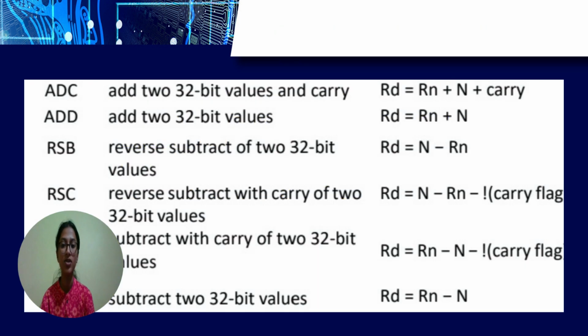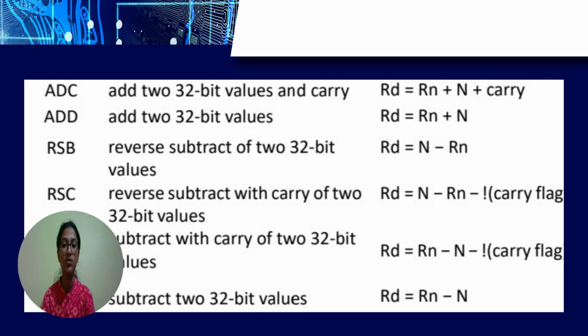These are the instructions used for adding 32-bit values, or reverse subtracting or subtracting two 32-bit values, where ADC is used to add 32-bit values and a carry, and ADD is used to add two 32-bit values.